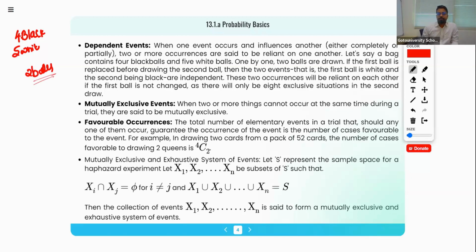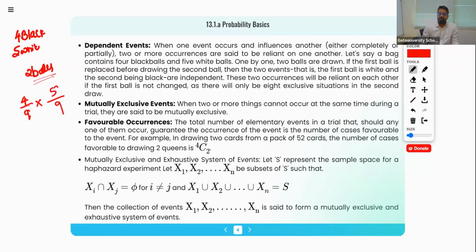The probability of getting the first ball white and the second ball black. If you're choosing the first ball white, how many balls are there? 4 by 9. Now if you replace it again, then I can definitely say the next possibility is 5 by 9.